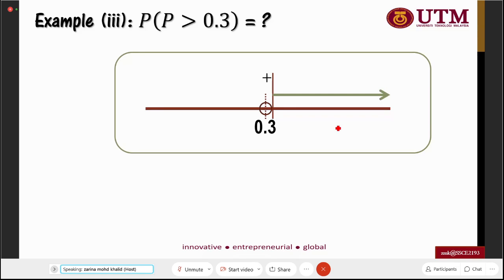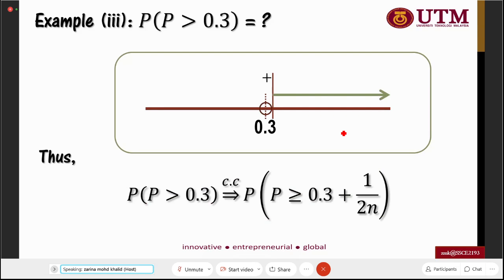So you have to plus 1 over 2n. And after that, then you can standardize. Are you okay so far, guys? Can you follow me? Very good.